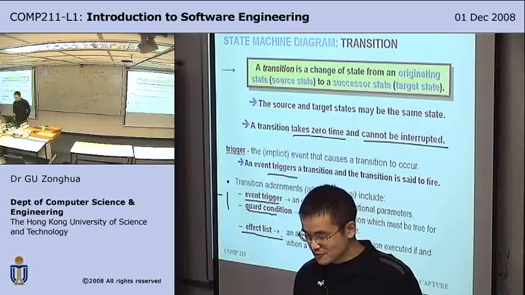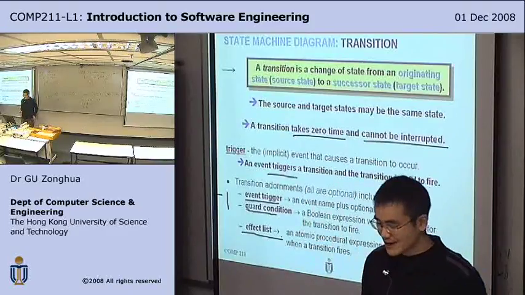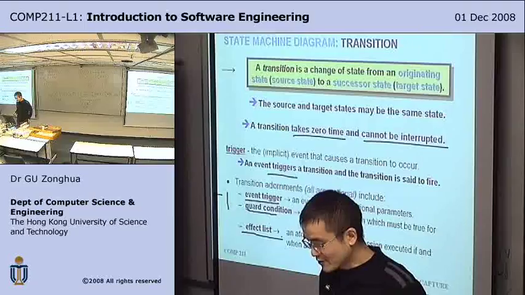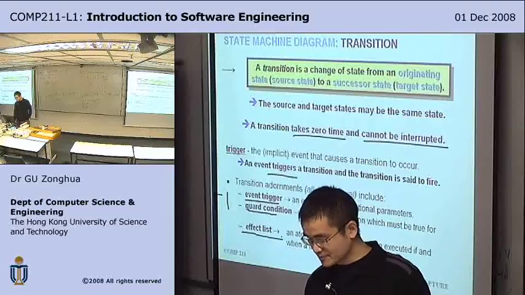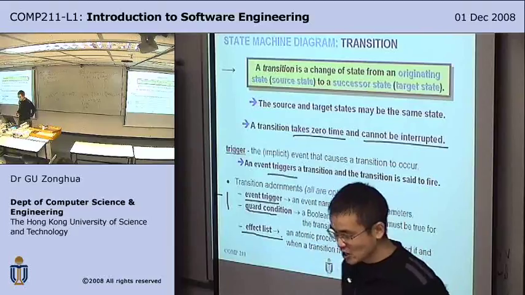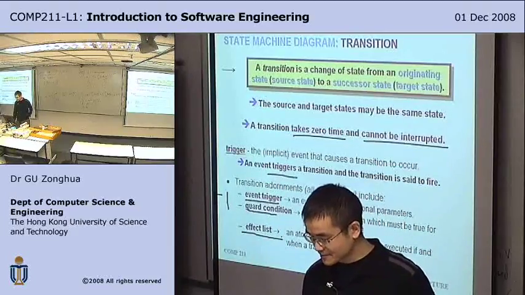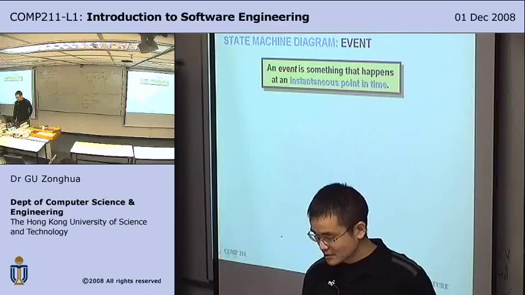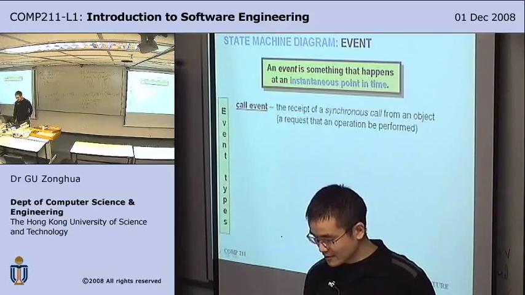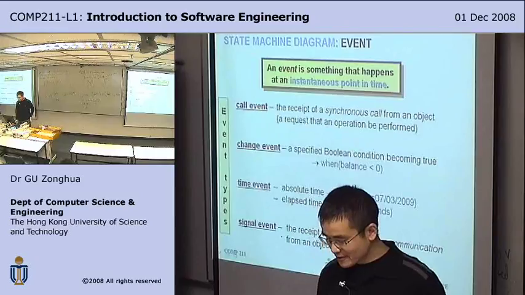So you don't have to invoke only the interface operations. You can do anything, including manipulating the private attributes, because this is the internal implementation of a class. You don't have to respect the interface. So an event is instantaneous in time. So you have four events.